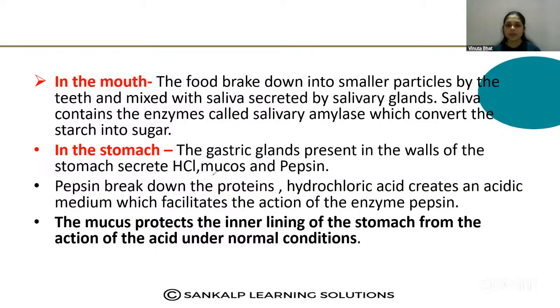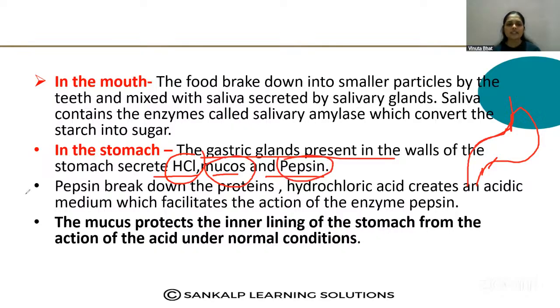HCl, mucus and pepsin. The gastric glands are present in the walls of the stomach. Just imagine, these are the walls of the stomach, containing the gastric glands, which secrete the hydrochloric acid, mucus and pepsin.